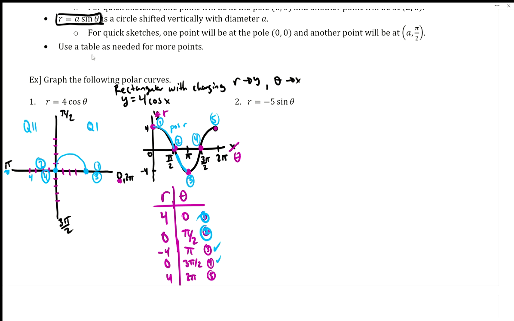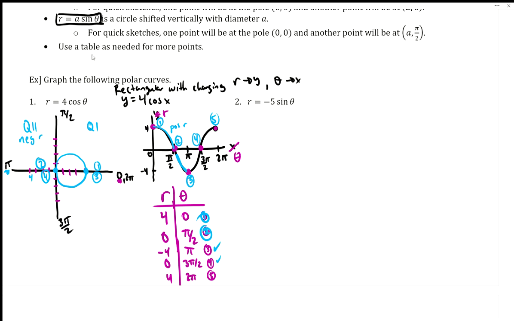It means positive radii would have been plotted in quadrant 2, but negative radii go to the opposite quadrant. So to connect point 2 to point number 3, I should graph through quadrant 4. Quadrant 2, but negative radii should mean I plot in quadrant 4.